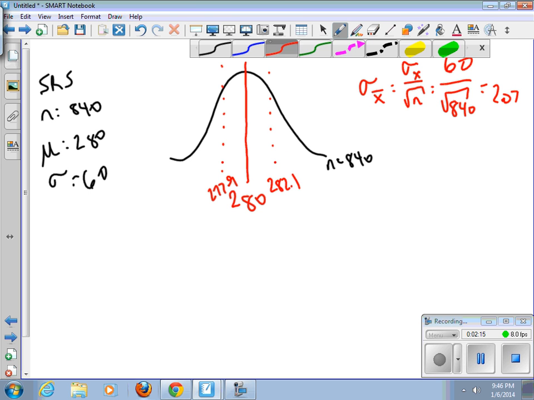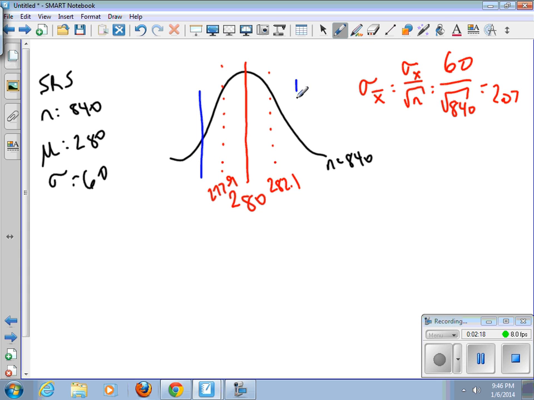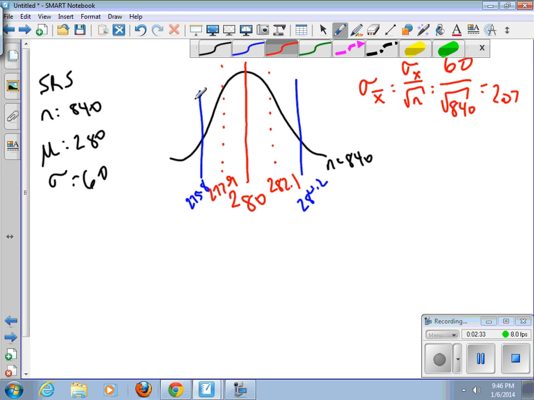And then I can count out another standard deviation, and I'll do those in a different color so you can see it, and that would be 275.8, and this would be 284.2. And then counting out yet one more standard deviation.